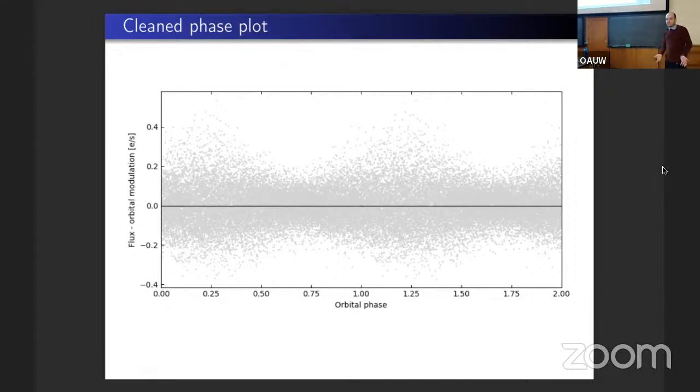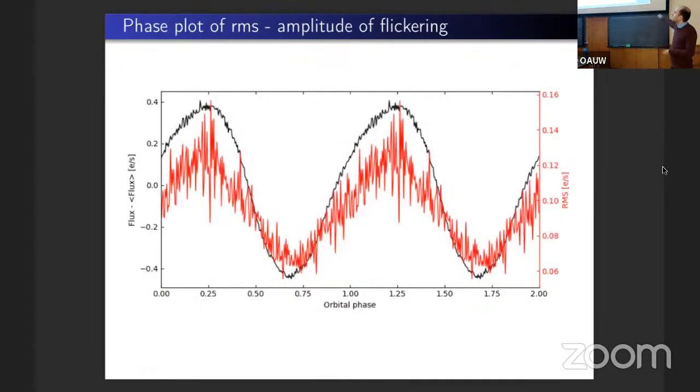How big the scatter is indicates how big the amplitude of flickering was at certain orbital phases. Then I bin this data and measure the root mean square. Here in black are the changes of flux with the orbital phase, and in red the changes in RMS with the orbital phase. This is equivalent to changes in the amplitude of flickering.